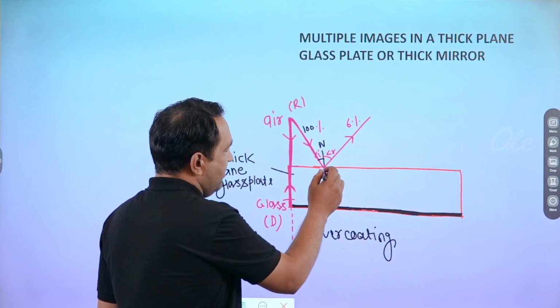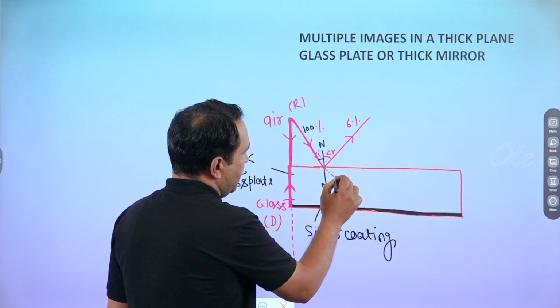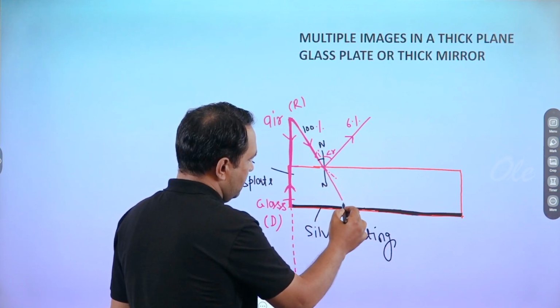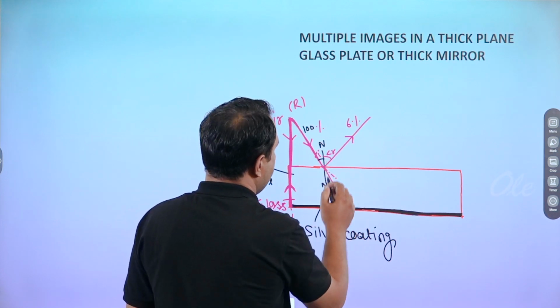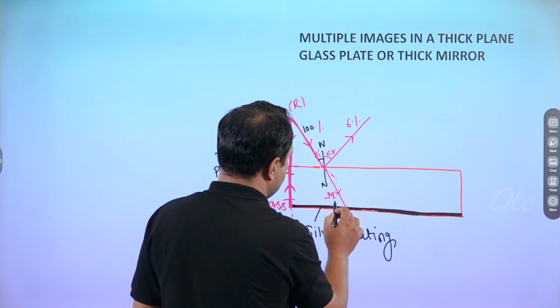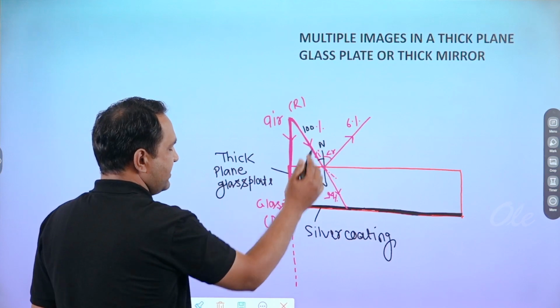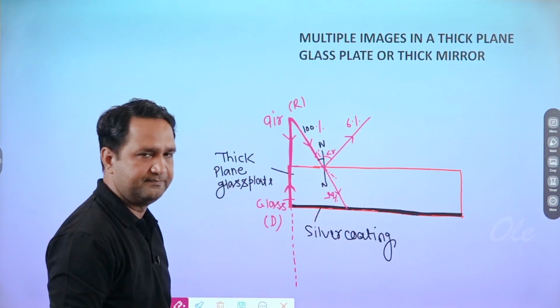The light ray will deviate towards the normal. It should go like this, but now it will go like this, towards the normal. And its intensity will be 94%. Got it? 6% of its intensity was reflected and the rest, 94%, is refracted here.